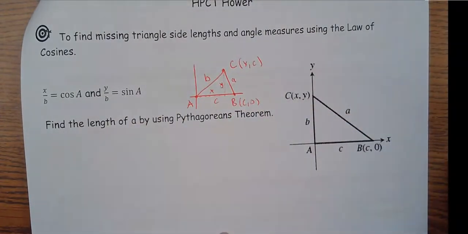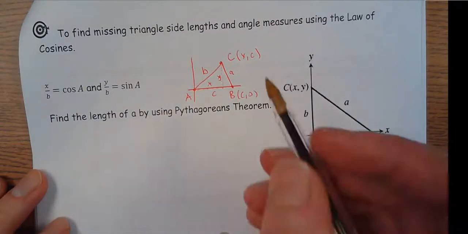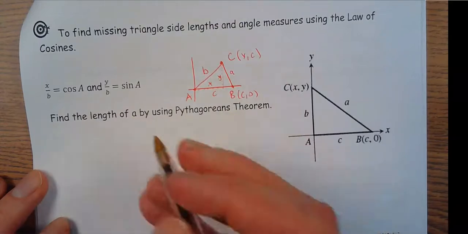Keeping that in mind, I want to find the length from C to B, which is a, using the Pythagorean theorem.